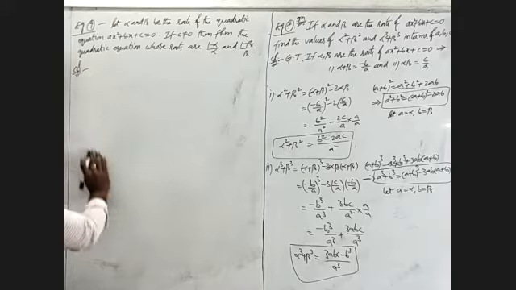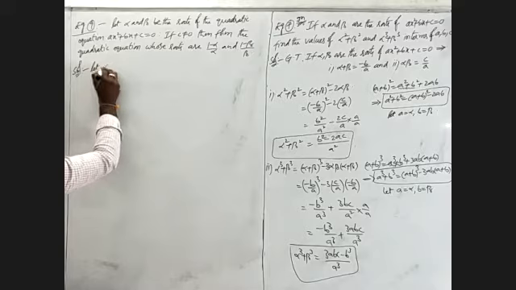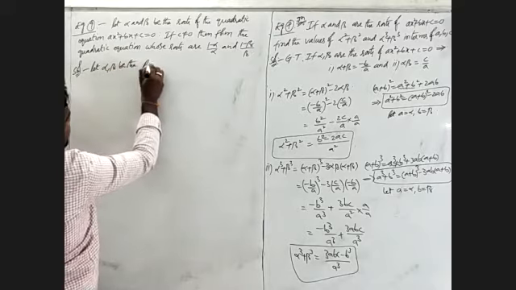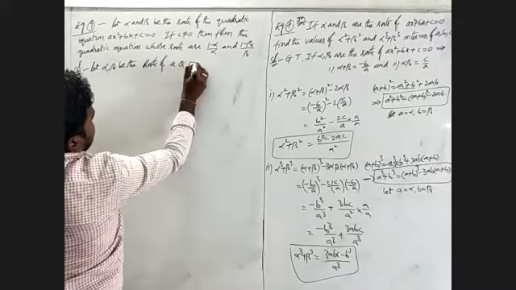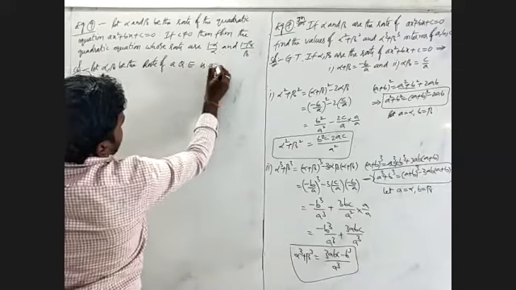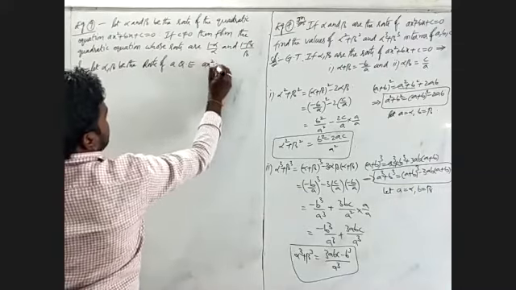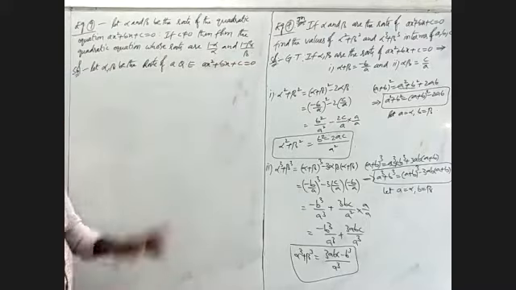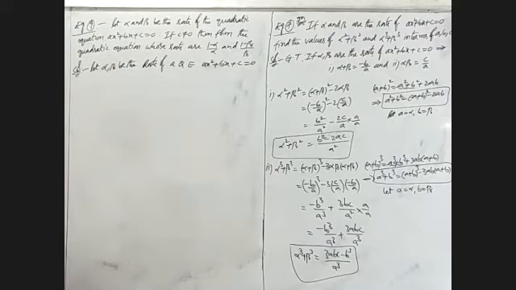Let's observe. Let alpha, beta be the roots of a quadratic equation ax square plus bx plus c is equal to 0.